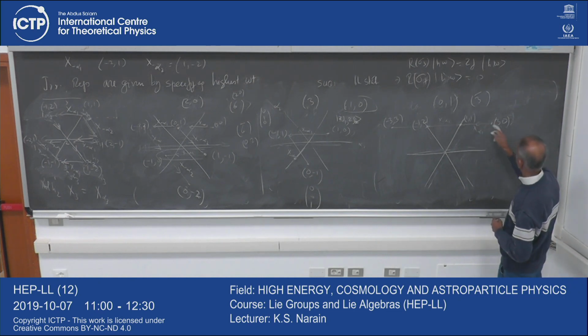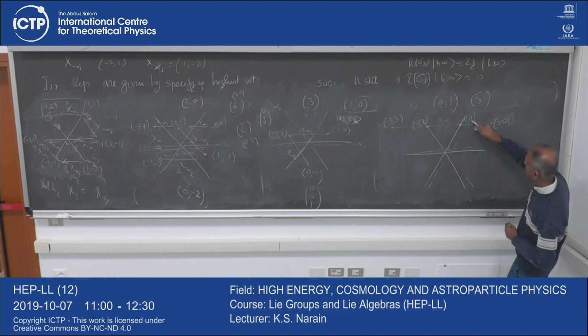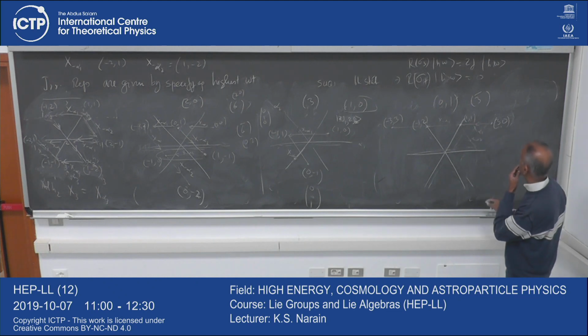Okay, now start doing this here. With respect to the second SU2, this was a singlet, but now it's a doublet. So it will come down, x minus alpha 2, and that gives you 2, comma minus 1, right?